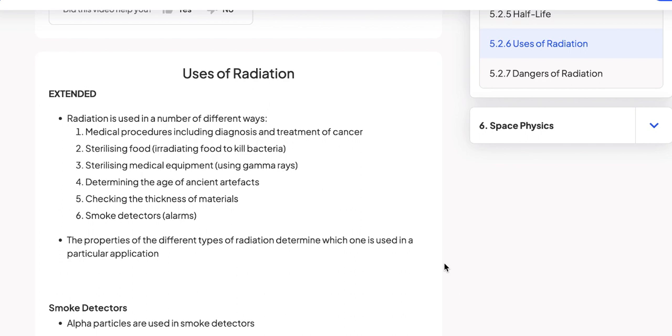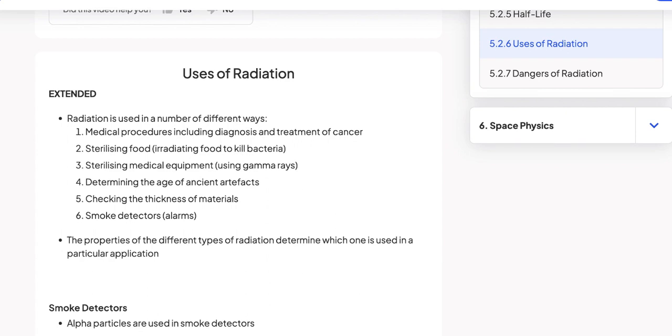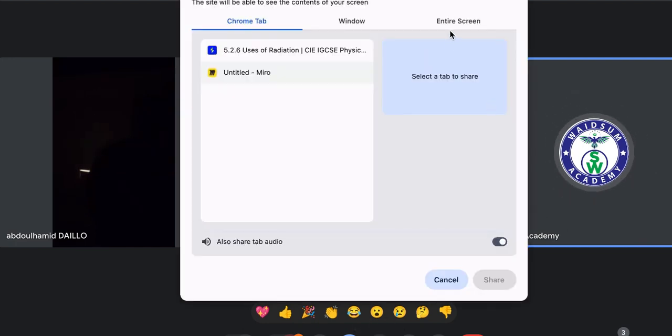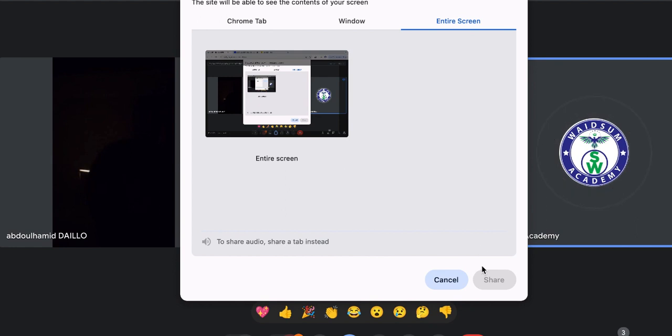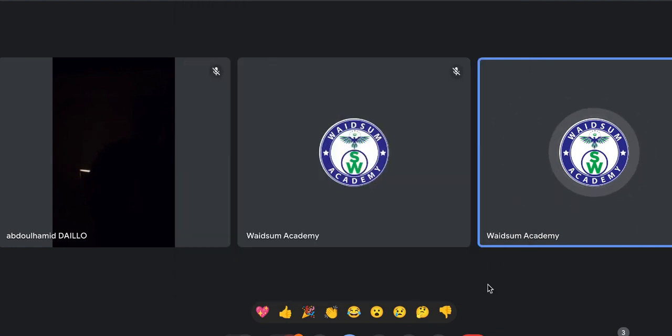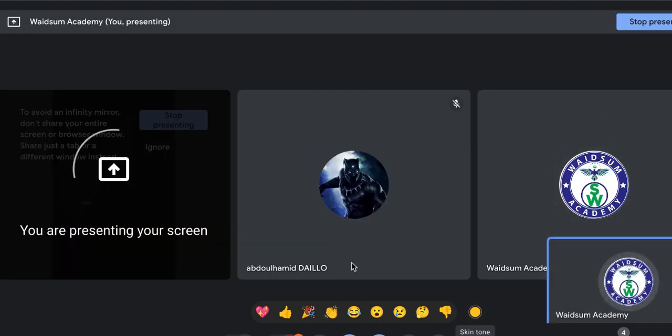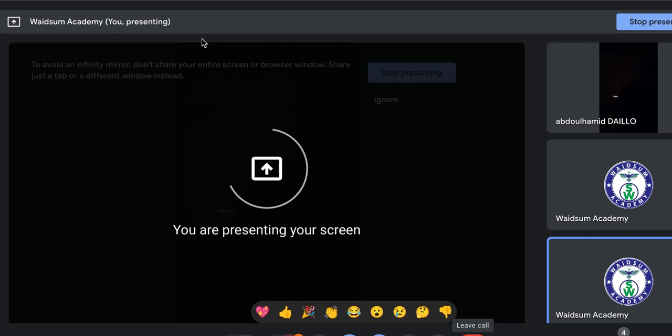Another use of radioactive material is determining the age of ancient artifacts. You must have heard of archaeologists. Archaeologists use radioactive carbon to date how long ago a certain event took place.